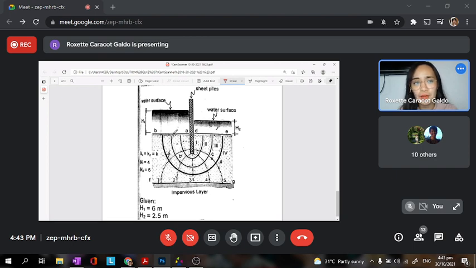so that's why there is seepage, that's the mechanism. The water will flow from a higher elevation to a lower elevation, or to lower pressure, and it will travel through a permeable layer, which is our soil in here.